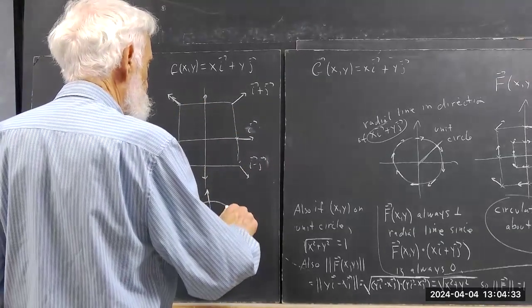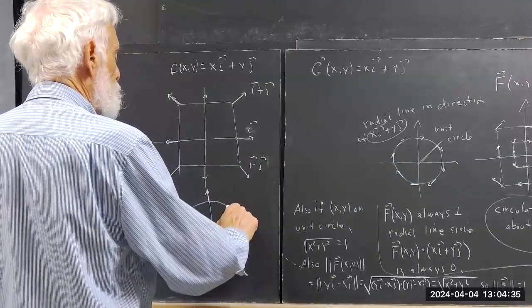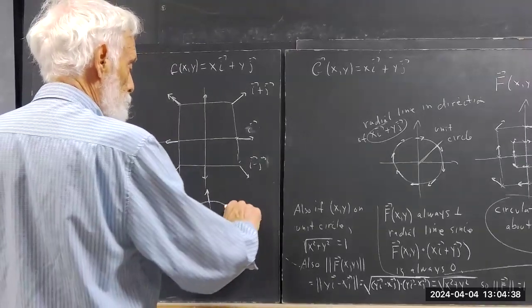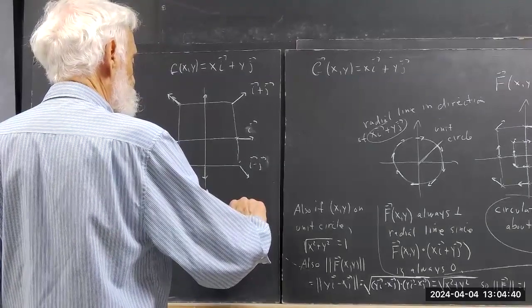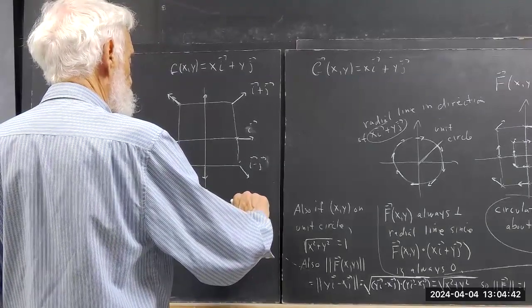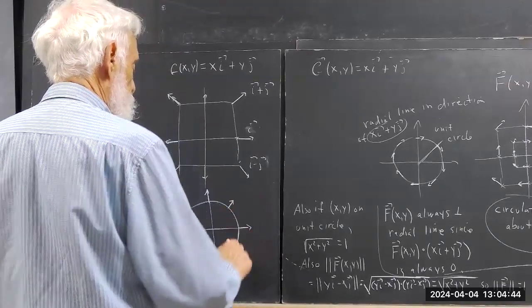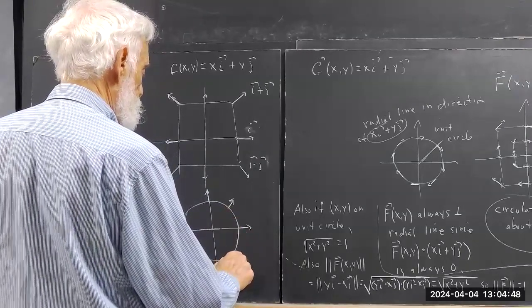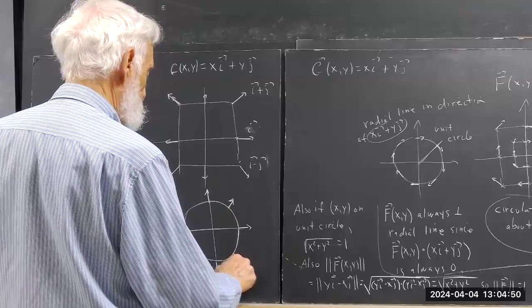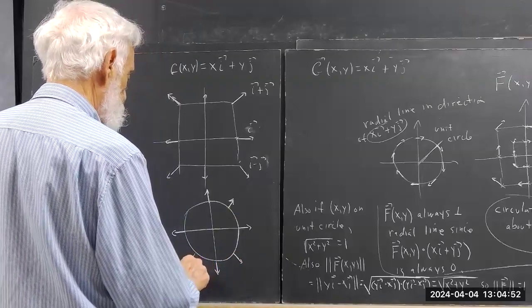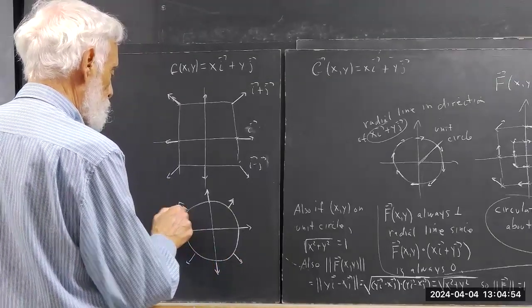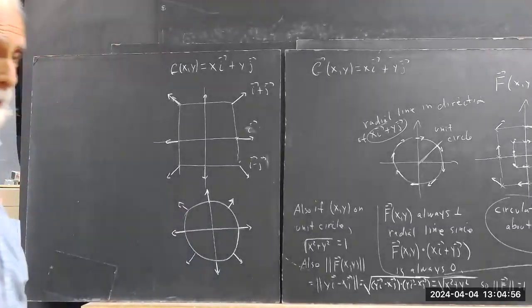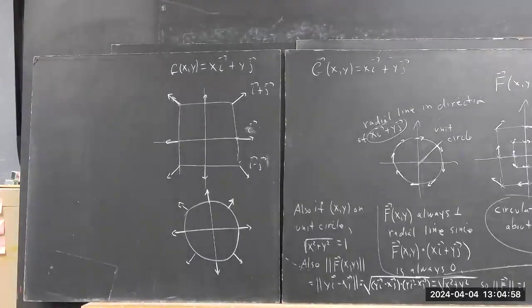If I go up to this point, x and y are equal, let's say I'm at 45 degrees, so the i and j components will be equal, they'll both be positive. Something like so. And down here, same thing. And here the same thing. And here the same thing. Okay. So what am I looking at there?